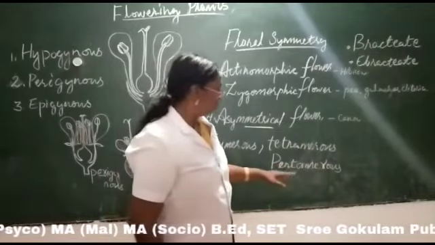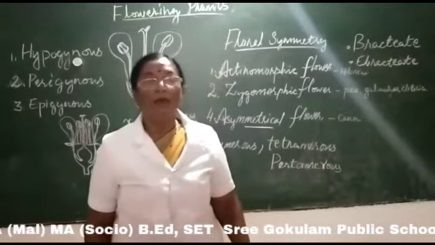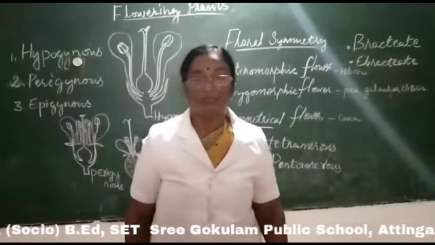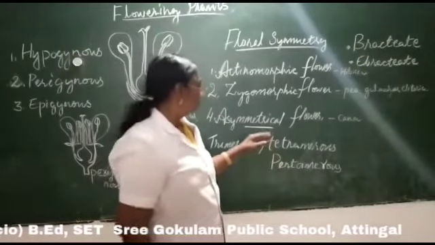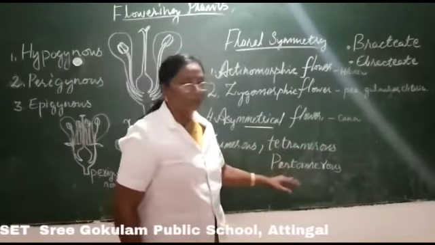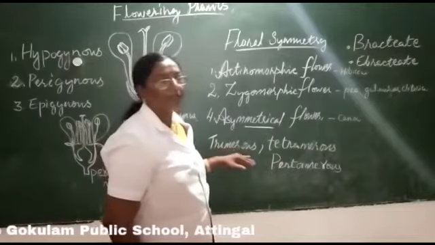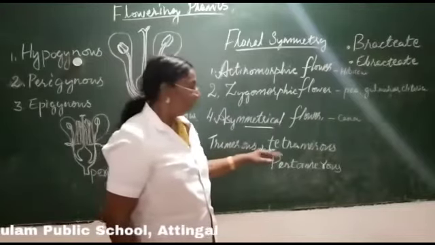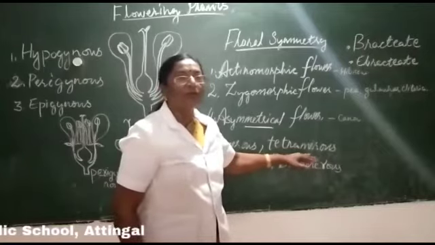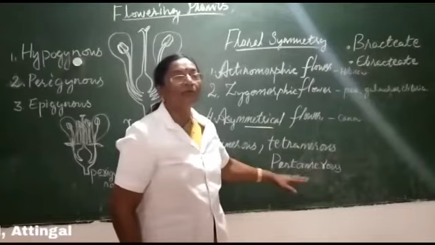In the case of a pentamerous flower, the floral leaves are arranged in multiples of 5, as in the case of hibiscus. And thus we can see the flowers may be trimerous, tetramerous or pentamerous. In trimerous flowers, the whorls are arranged in members of 3; in tetramerous, in multiples of 4; and in pentamerous, in multiples of 5.